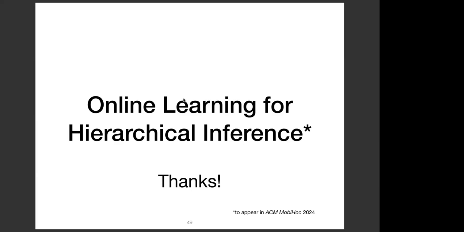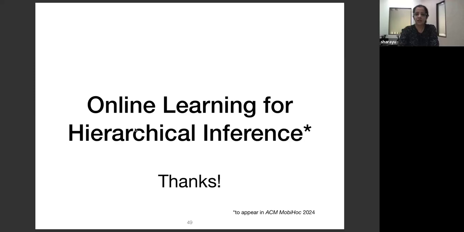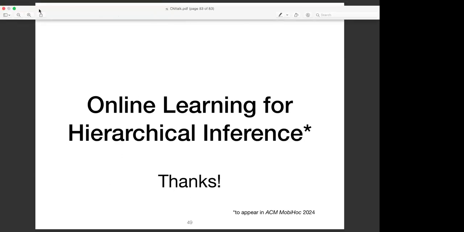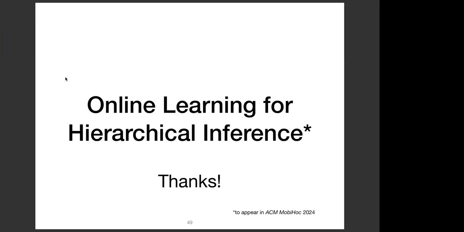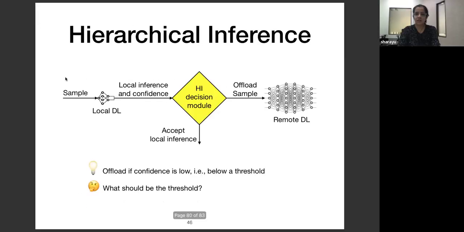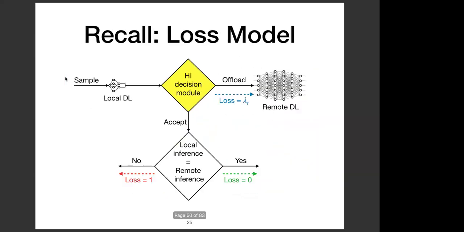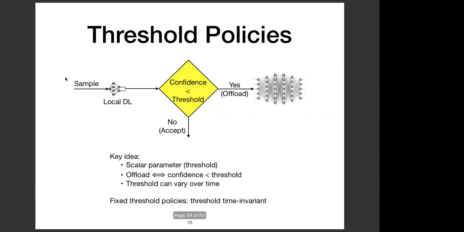In the beginning, first of all, very interesting collection of problems that you worked on, Sharayu. But I think I missed something somewhere. In the very beginning, you motivated the split between the local processing and remote processing by having a wireless network in between. Presumably, because of the wireless network, something is lost if you send the data across.